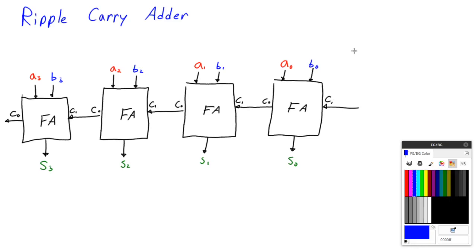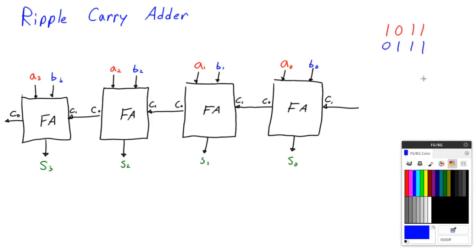So let's take a look at how a ripple carry adder works by looking at the way its signals would flow, or what its signals would do if we were actually utilizing one, meaning actually putting some inputs in here. Let's say that we want to do 1011 plus 0111.